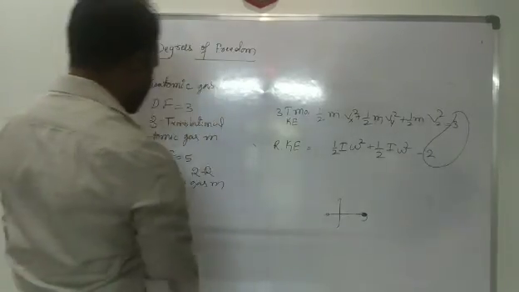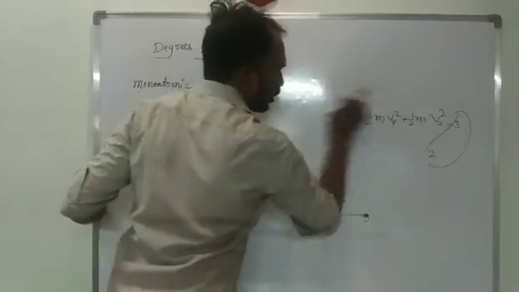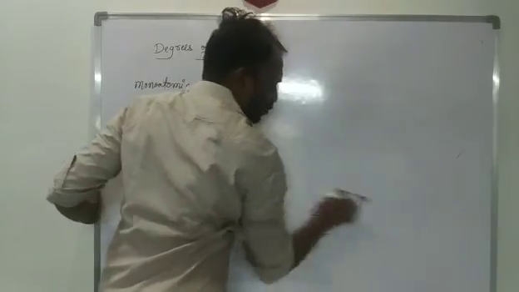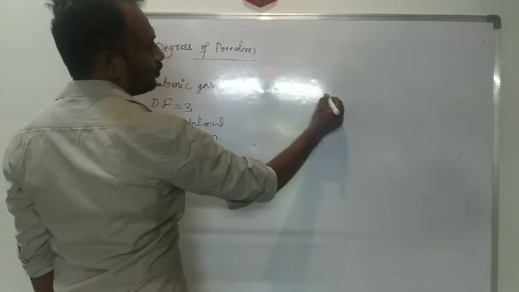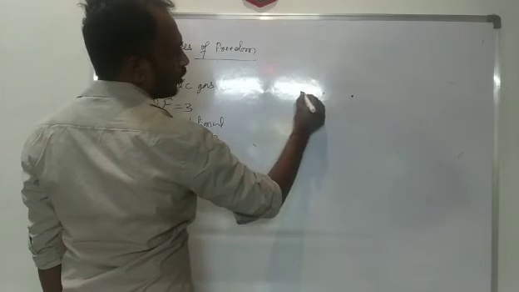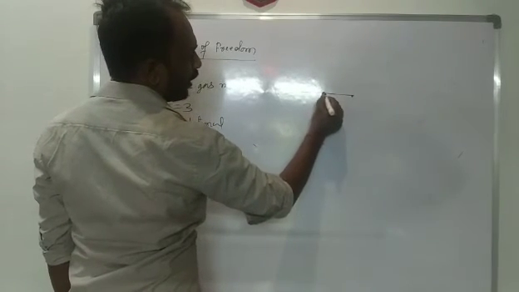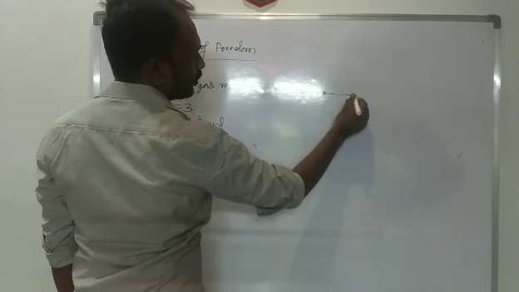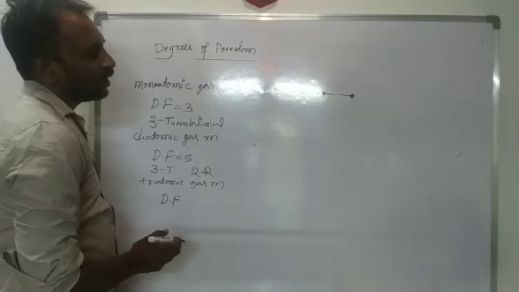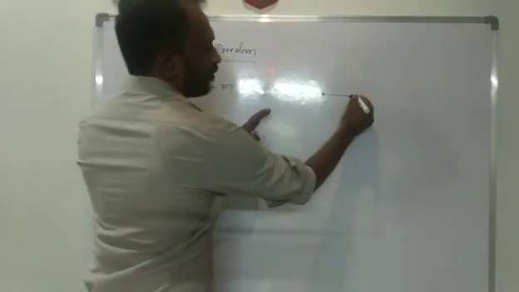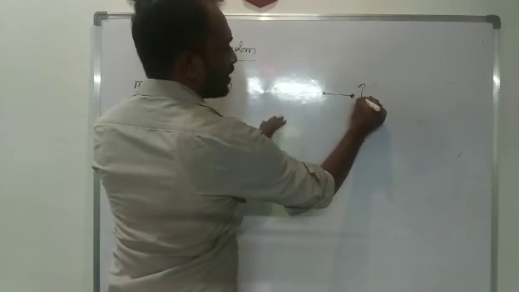Another one we consider is the triatomic gas molecule. Here we suppose there are 3 molecules, and here we consider a relation between them. First, we consider that these 3 molecules are traveling along the x-axis, y-axis and z-axis.